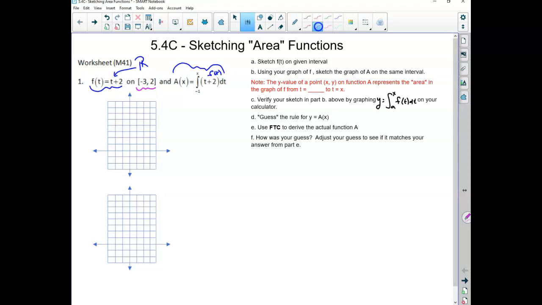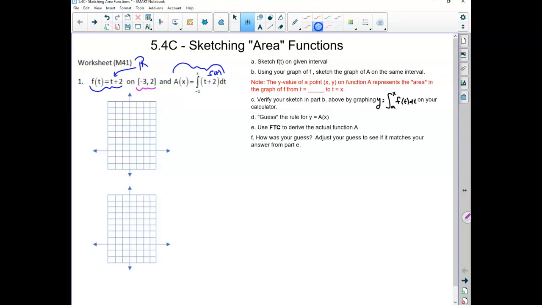If you notice, this is going to be on your worksheet M41. We're not going to be doing all of these problems. I'm actually just going to do 3 of them. The M41 packet is in your pink packet there. And just before you get to that, there is a "what should I be able to do" worksheet, which I'm not going to say is homework. I will make an answer key for that.